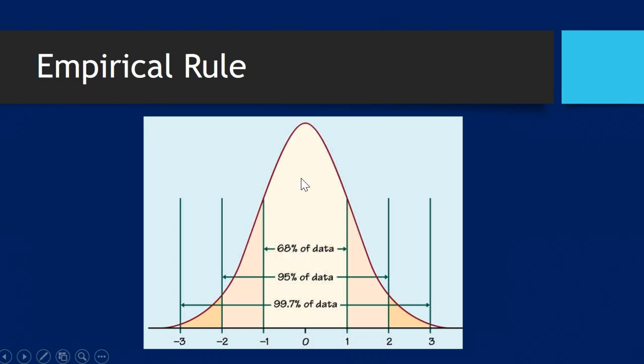It's giving me the probability that if you pick somebody at random from this data set, you fall within 1 standard deviation. Or the probability that you pick somebody from this data set and they fall within 2 standard deviations of the average, and so on and so forth.